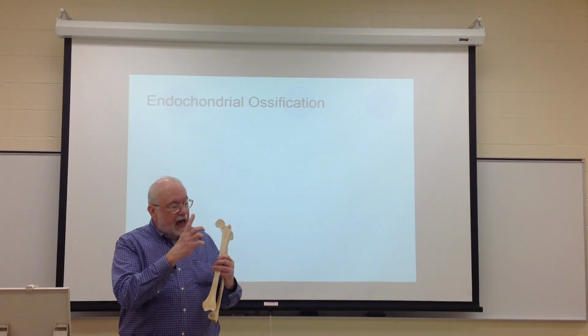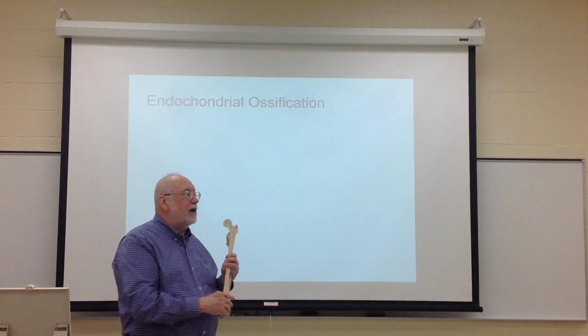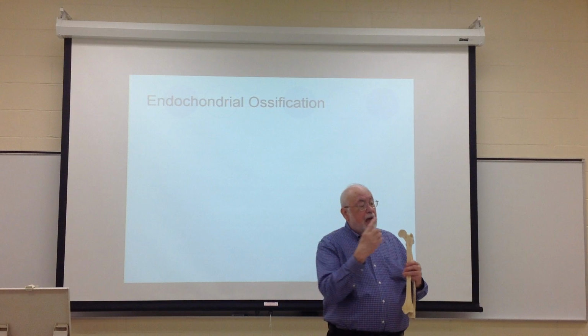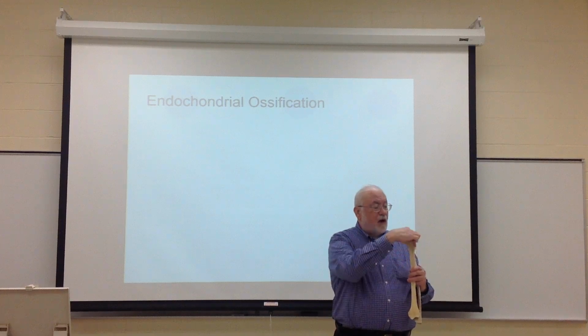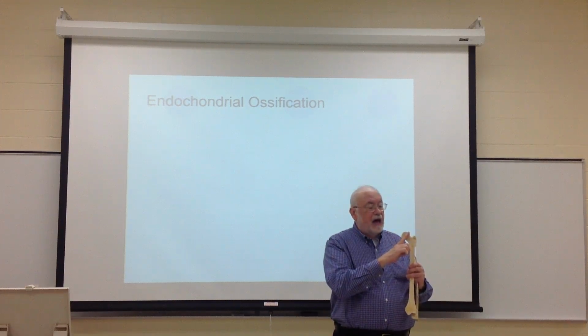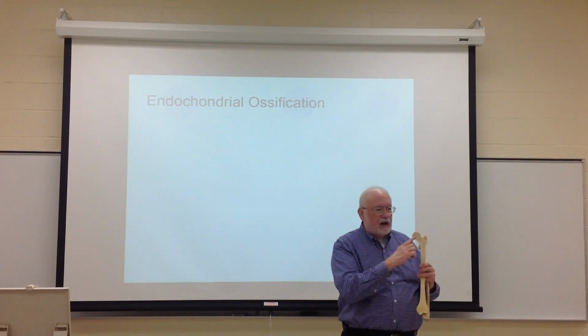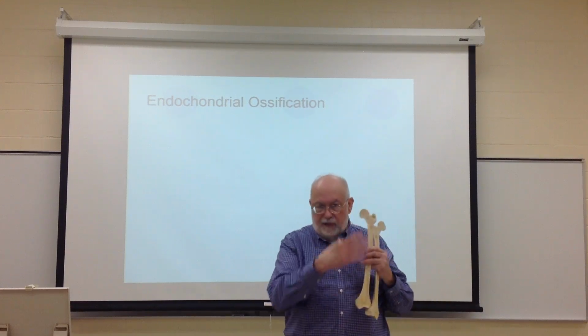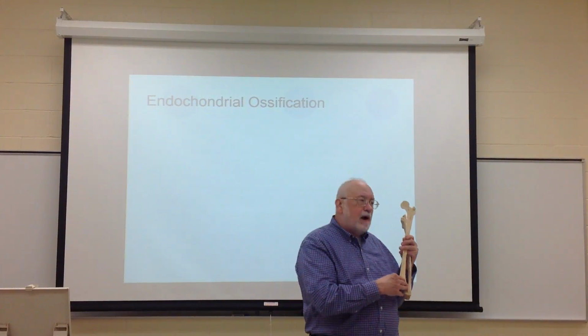And ultimately, what do we end up with? Well, we end up with all the cartilage gone except for two areas. There will still be a cartilaginous line, which we call the epiphyseal plate of cartilage. It's still on the epiphyseal ends of the bone, both ends. That's the growth plate.